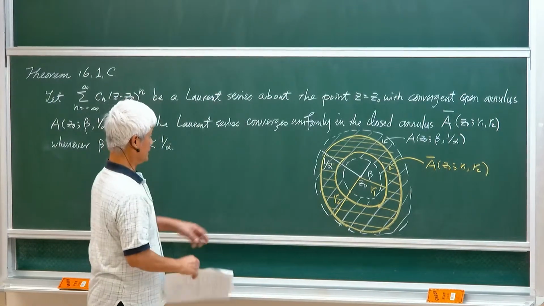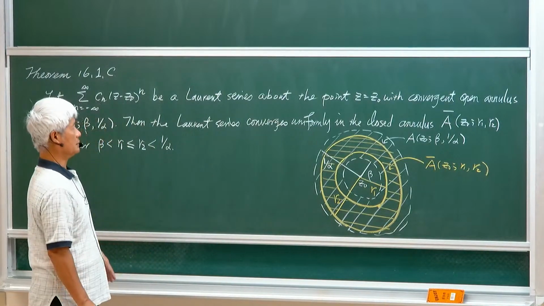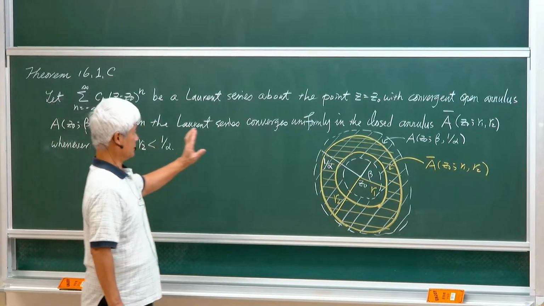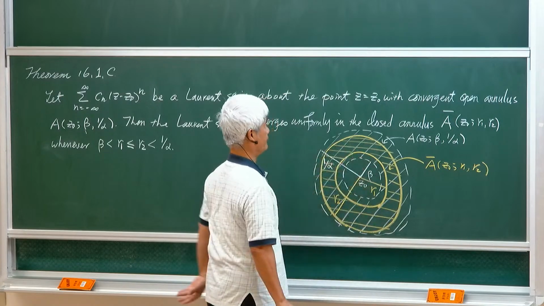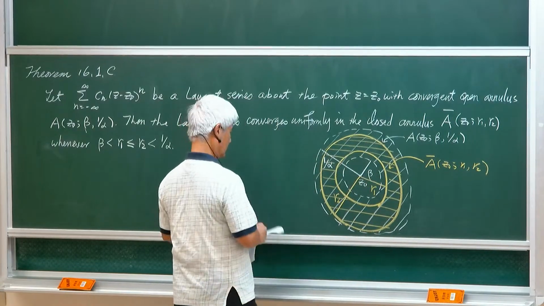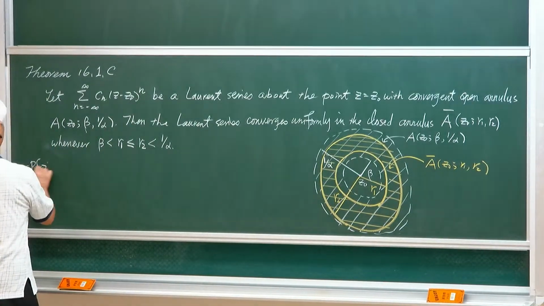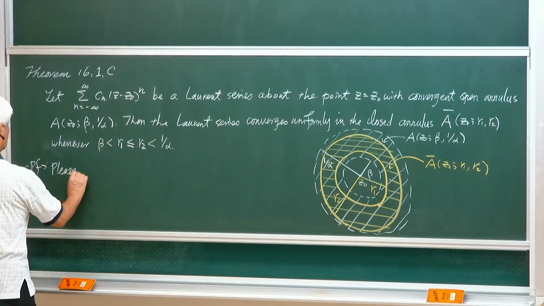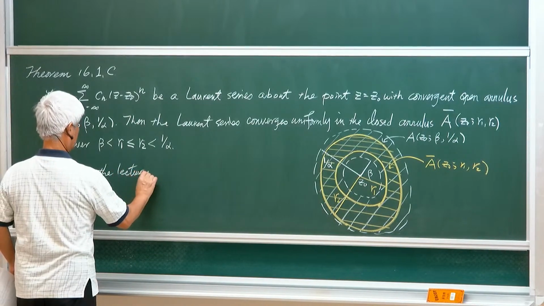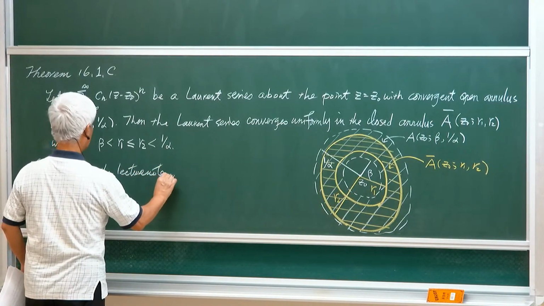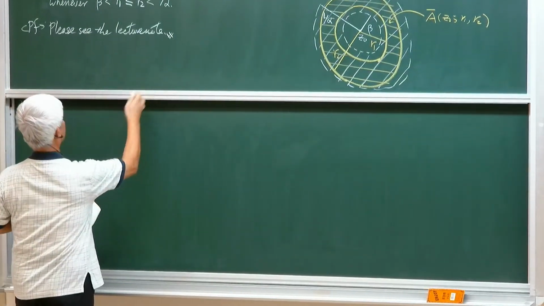So in the yellow region, the Laurent series converges uniformly. Okay. And for proof, please see the lecture notes. Okay. All right.